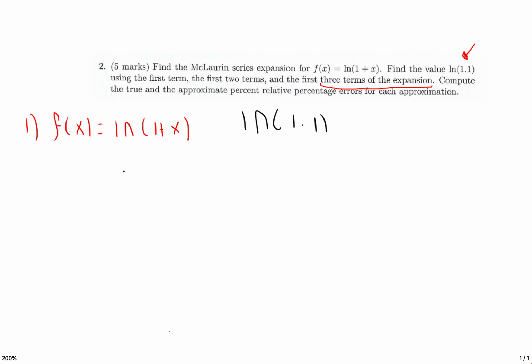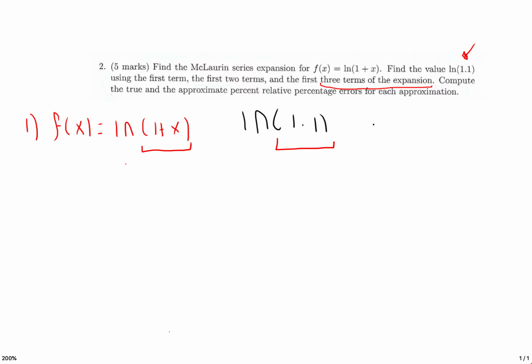So if we have that ln 1.1 is actually the value that we need to solve for, and we need to find the value of x, if you look inside this bracket here, we have 1 plus x. And then if we look here, we see that 1 plus x got us the value of 1.1.